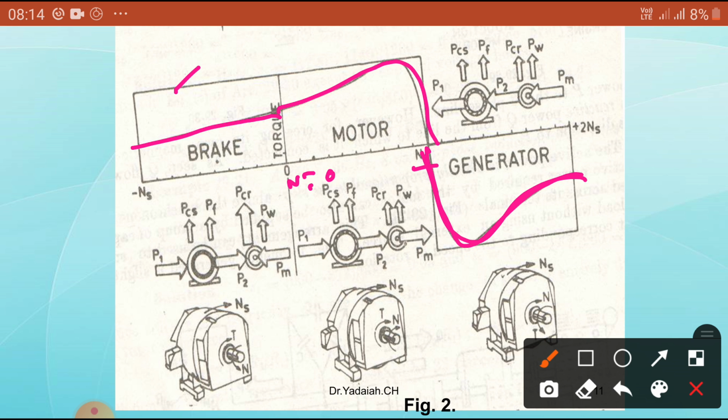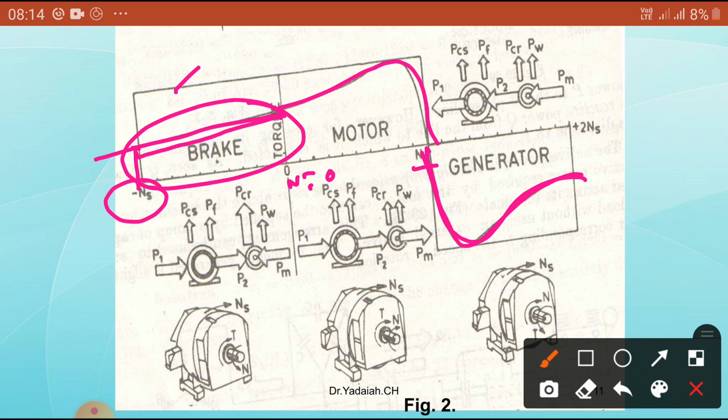Now the speed is reversed, minus NS. You can see it goes on decreasing, and this is the torque. So in this area we can use the braking mode to stop the motor. In this case, the torque is in the direction of NS, and the rotor speed is in the reverse direction.